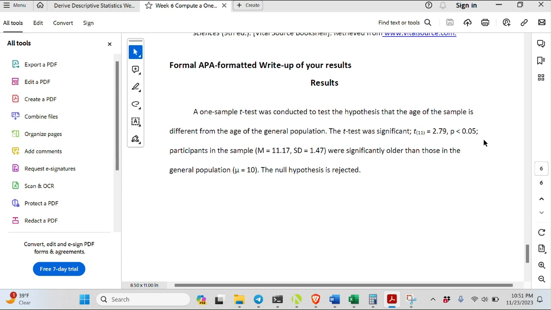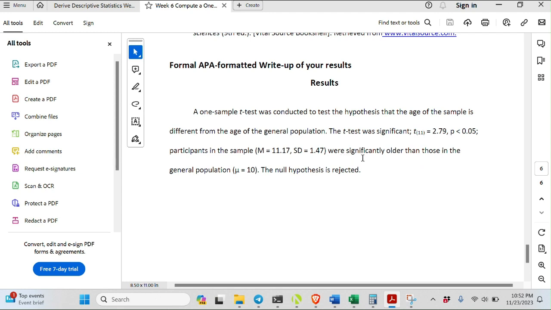Typically, we could set other values of p, but as I mentioned, in psychology we typically use p as 0.05. Then within parentheses, you want to provide your sample mean and the sample standard deviation. There's a little error here because when you're abbreviating mean and standard deviation, the M and the SD should be italicized, but however you want to do that.